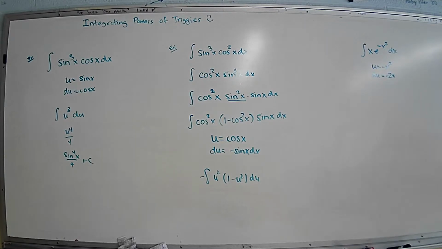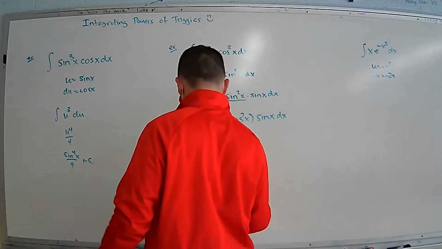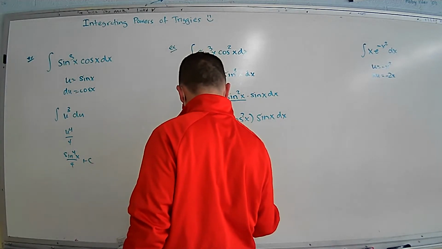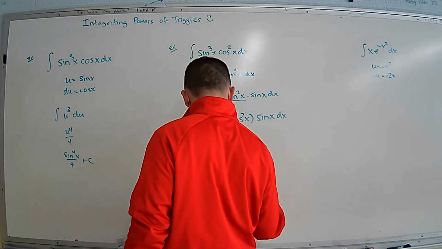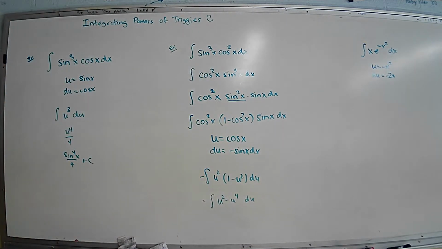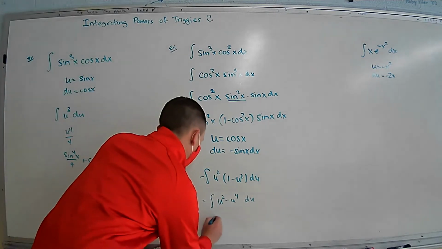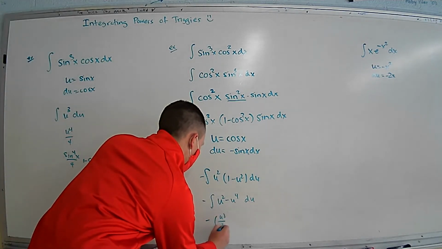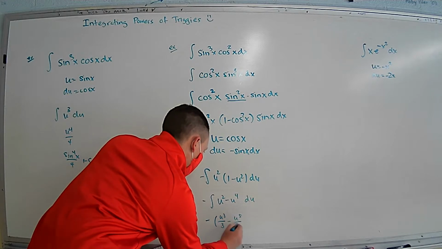But I heard Nicole say it. She whispered it. If you distribute, look how easy that is. So what's the antiderivative? It's negative u cubed over 3 minus u to the 5 over 5, right?